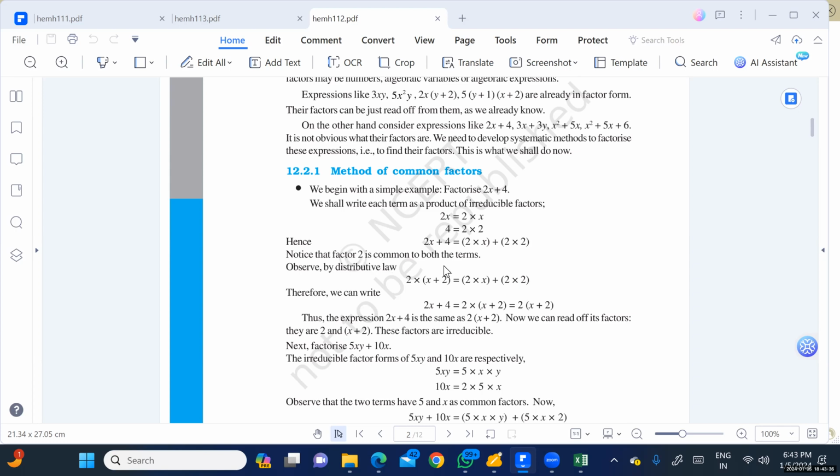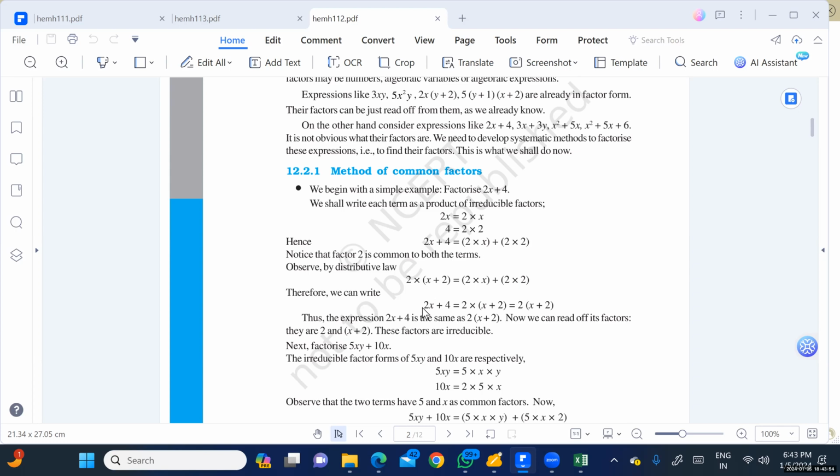Hold on. First, understand up to here. We can see this is 2. Utkarsh, can you see that this 2 and this 2 are common in both the terms, right? Yes, sir. Correct?